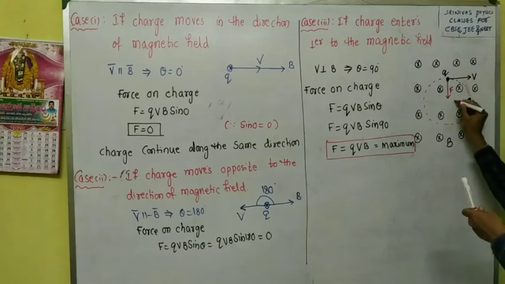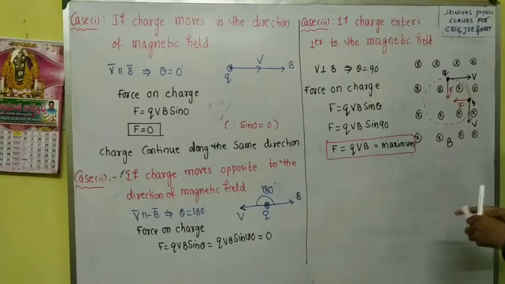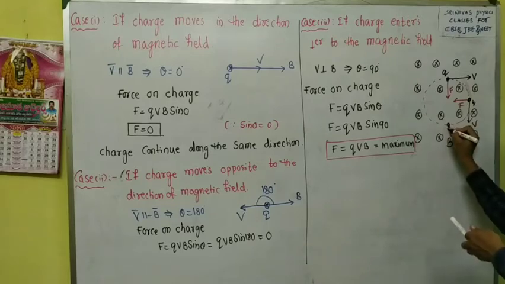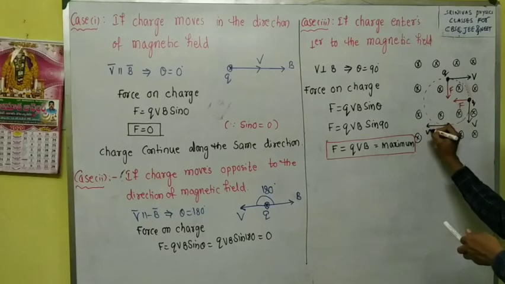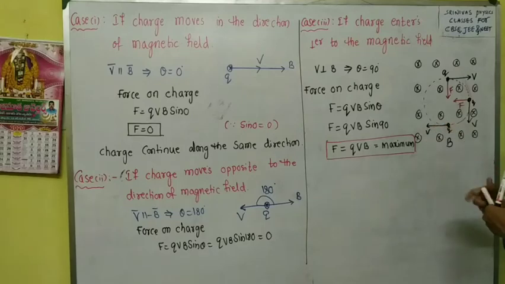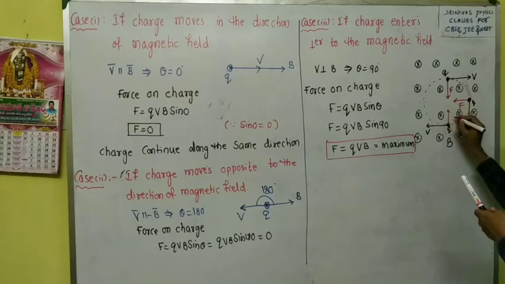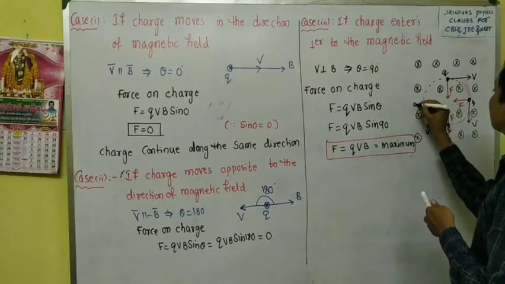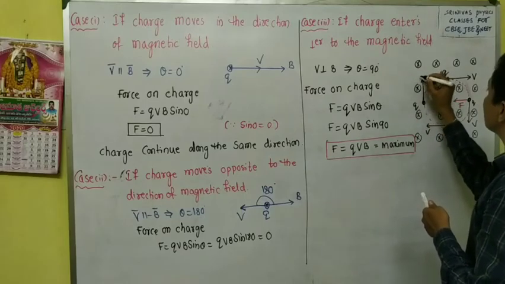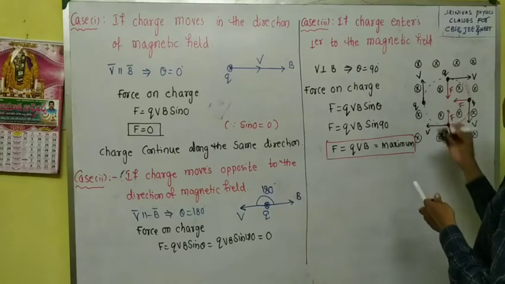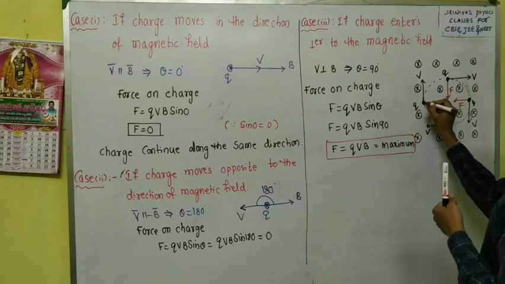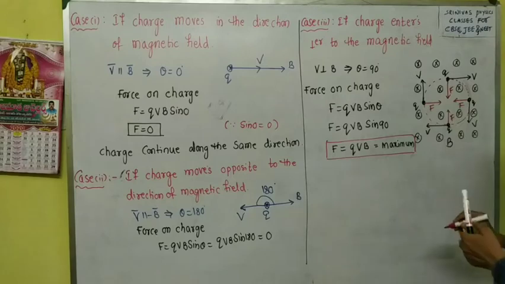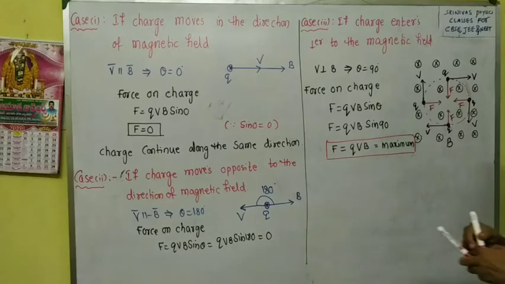If the charge comes to this point, the force direction is towards the center. That means at every point the force will act like centripetal force. This is the direction of the velocity. The charge is moving like this, and the force direction is towards the center. That means the charge moves in a circular path.